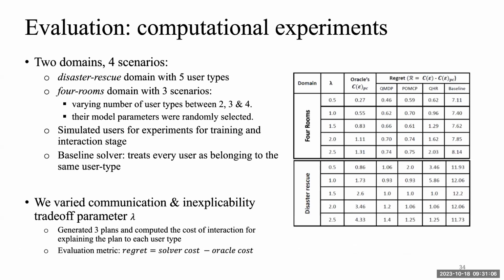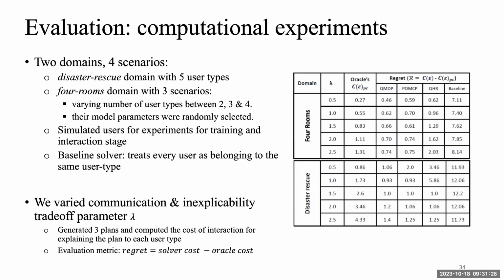With that, here's our evaluation. I know there are a lot of numbers, but I'll get to it. There were 2 domains, and we evaluated across 4 scenarios. One was the disaster rescue domain, where we specified the 5 user types and what their models would be. Then another was a 4 rooms domain.